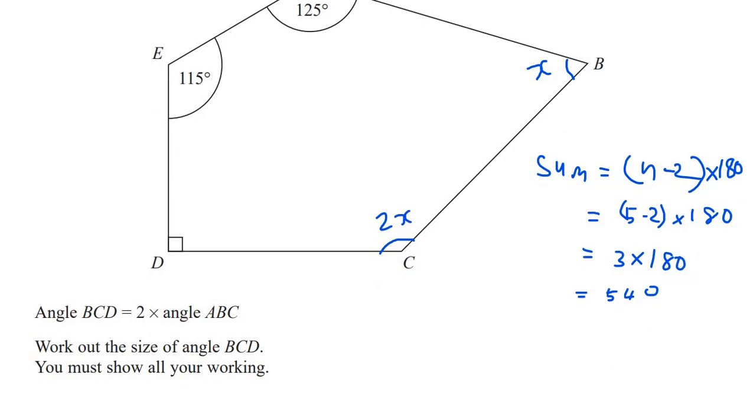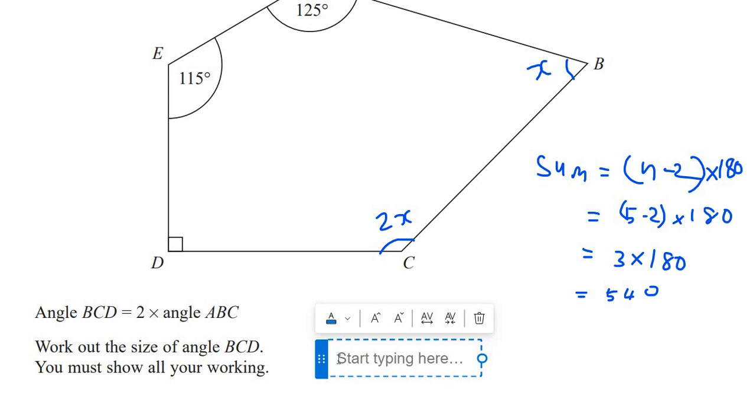So that would mean that if I add 90 plus 115 plus 125 plus x plus 2x, that should also add up to 540.